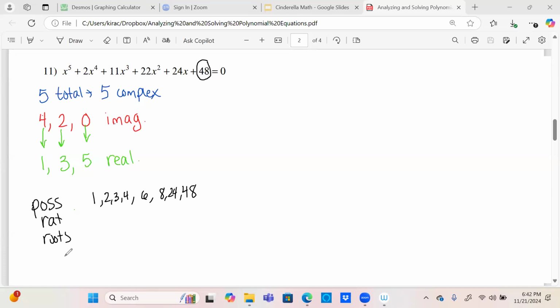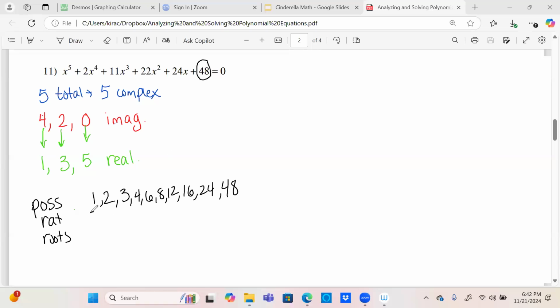No, I messed that up. 1 times 48. Let me leave some more space. 2 times 24, 3 times 16, 4 times 12, 6 times 8. There we go. That's all the factors of 48.